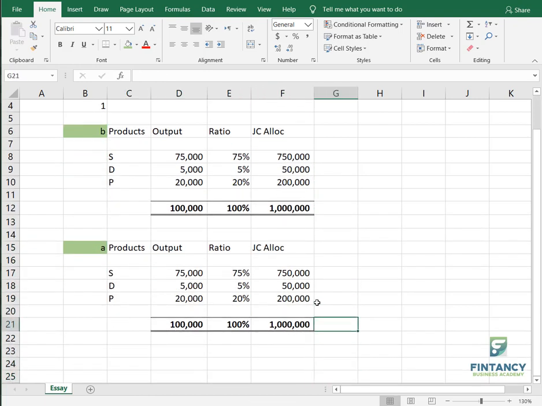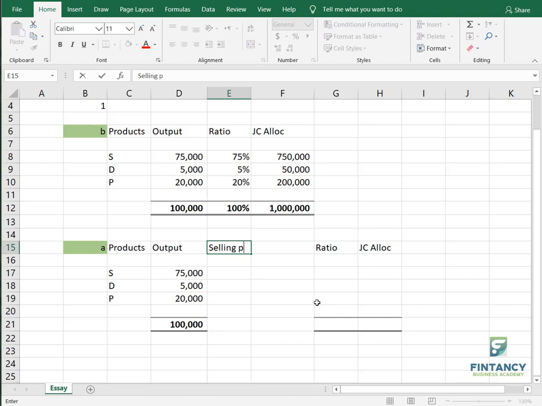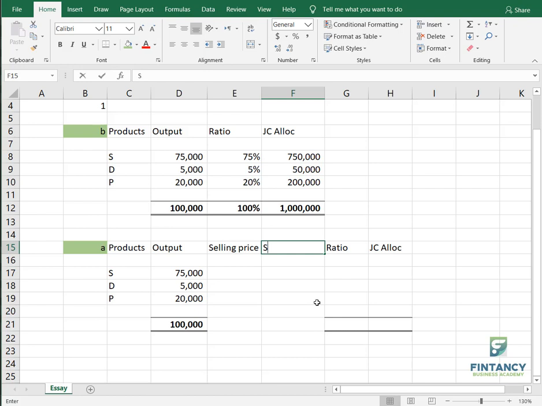I cannot take the ratio based on output. So I need to have my sales value at split off point. Getting the story, everyone? So for that I need to write two more columns. Selling price. And I need another column which is sales value at split off point.